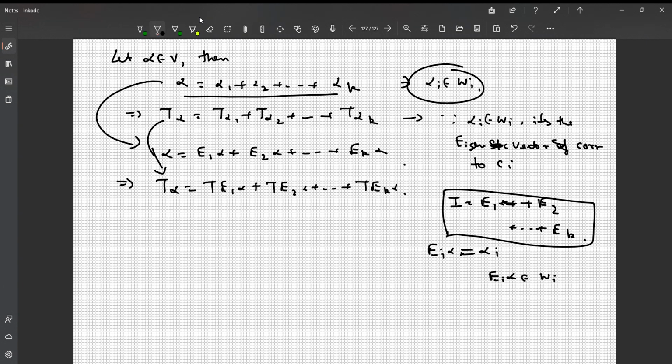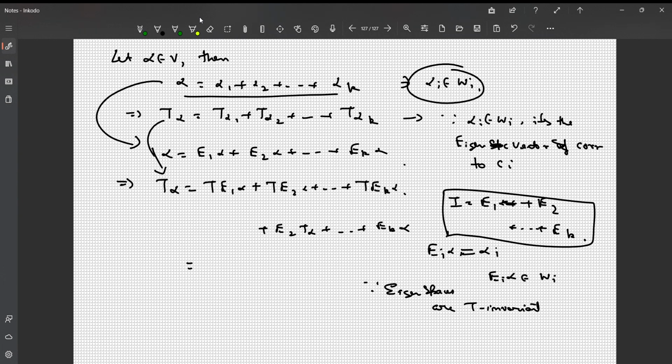One more way of representing this is that we know the eigenspaces are T invariant. So we can write this as E1 T alpha plus E2 T alpha and so on till Ek T alpha, since eigenspaces are T invariant. But no, I think this won't work.